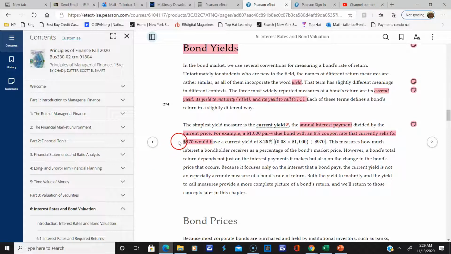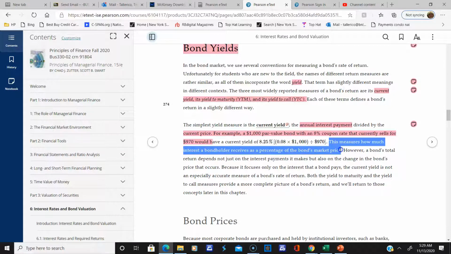That currently sells for $970. So you see how the price has changed, right? It would have a current yield of 8.25%, 80 divided by 970. So that measures how much interest the bondholder receives as a percentage of the bond's market price. Okay, and that's a real important statement here.